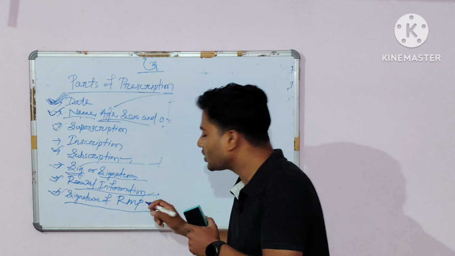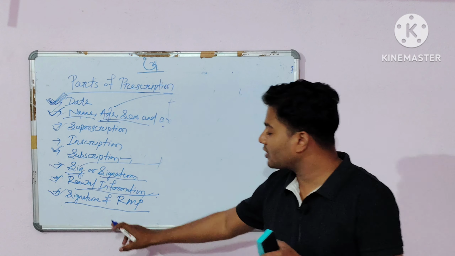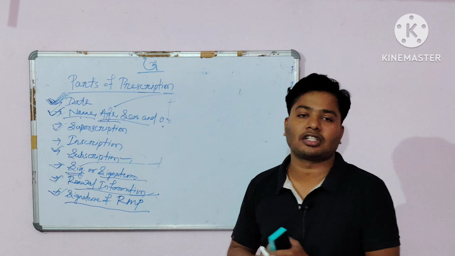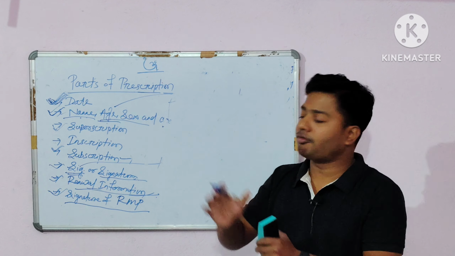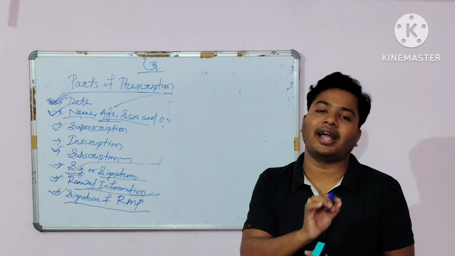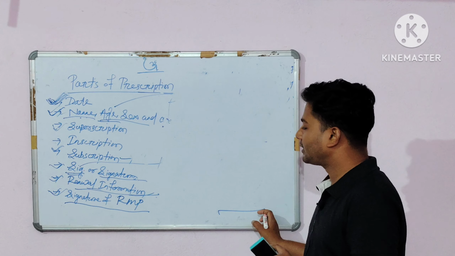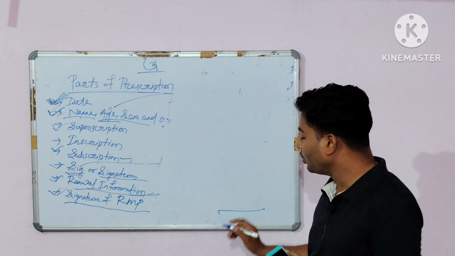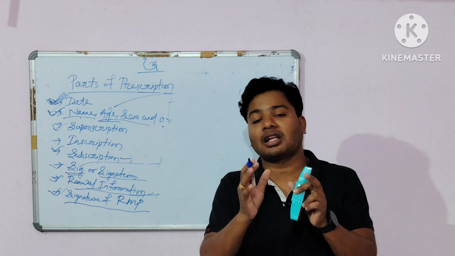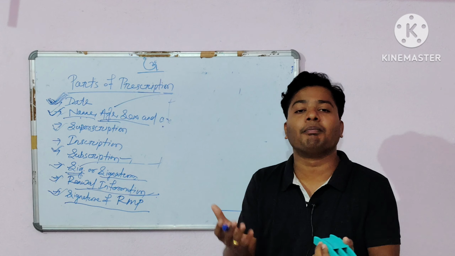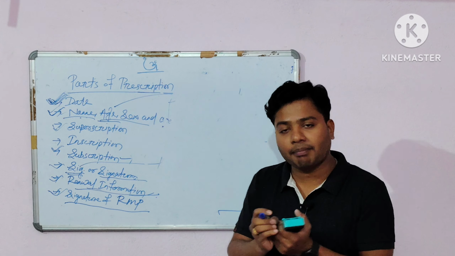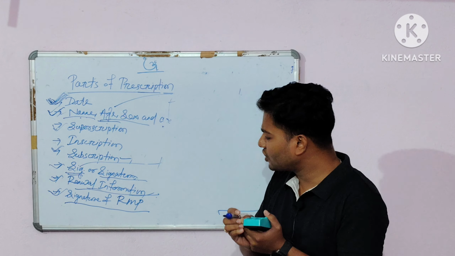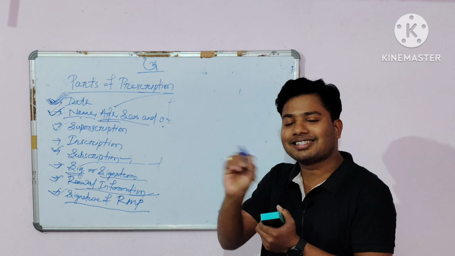Then the signature of the RMP, the registered medical practitioner. After prescribing the medicine, the physician must sign in the lower part of the prescription with their proper registration number. What is the importance? Why does the physician sign?